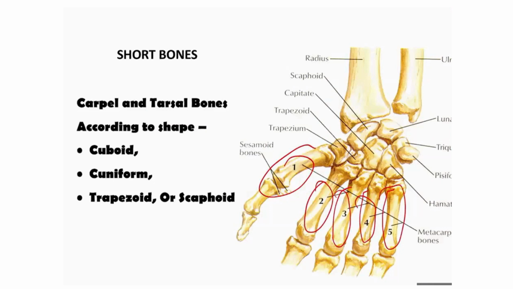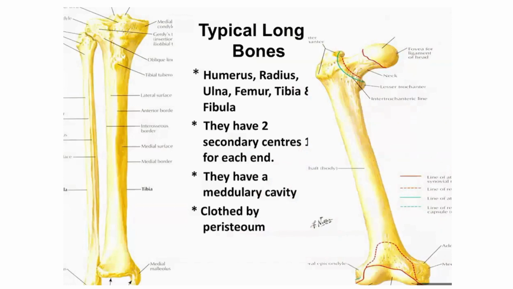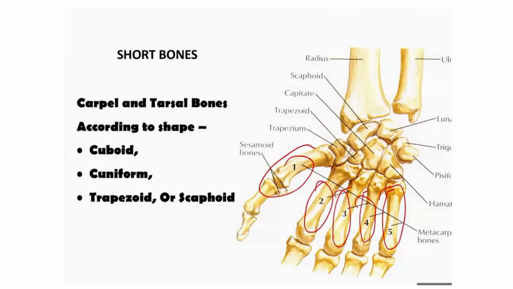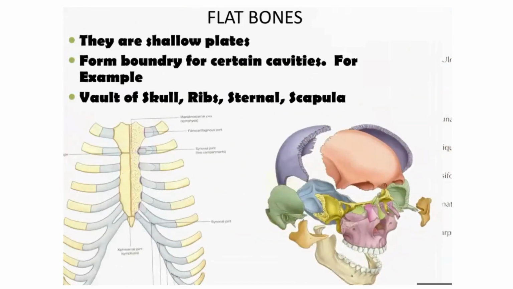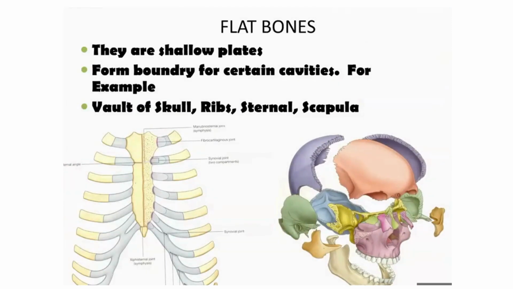Only that is the difference. In the upper limb or lower limb, the size is larger. So long bone and short bone should have an upper end, shaft, lower end. The examples of short bones are metacarpal and metatarsal bones. Flat bones: all the skull bones are flat bones. Sternum is flat. Scapula is flat.